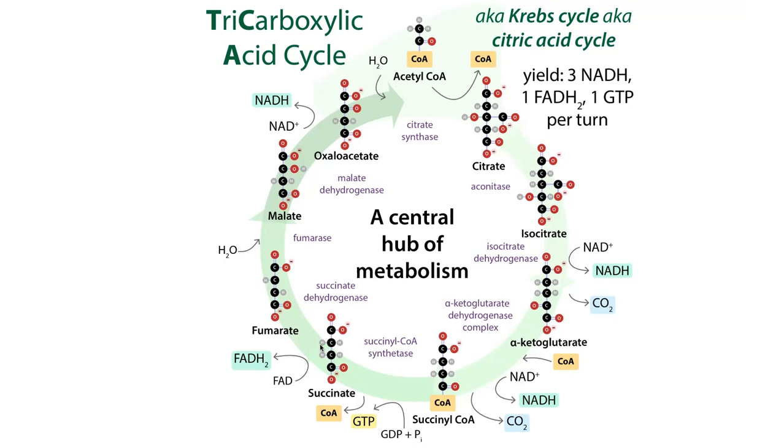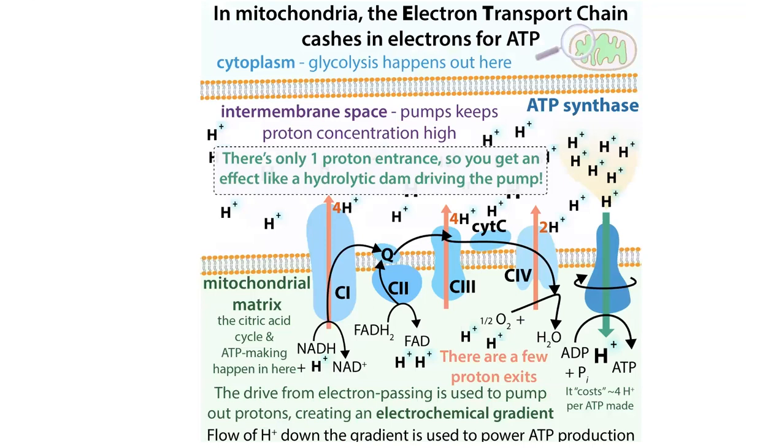FAD has a higher reduction potential than NAD+. Basically, what this means is that it's going to want the electrons more than the NAD, and so we're going to get more energy if we give those electrons to FAD than if we were to give them to NAD+. The energy that we get is going to be enough to form this double bond, but it's also going to make it so that we don't have as much energy left over when we go to cache those electrons in for our ATP generation.